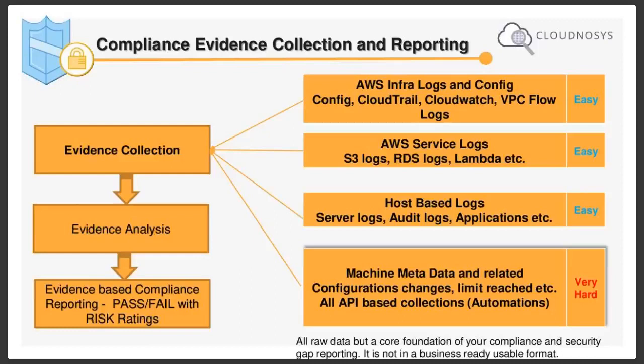AWS service logs, right? Those are S3 logs, RDS logs, Lambda functions. So all of those are here. That's, again, easy to do. You can just turn it on. Host-based logs, right? So on your server, you get the server logs. There are some audit logs, people logging in the application server, and so on and so forth.